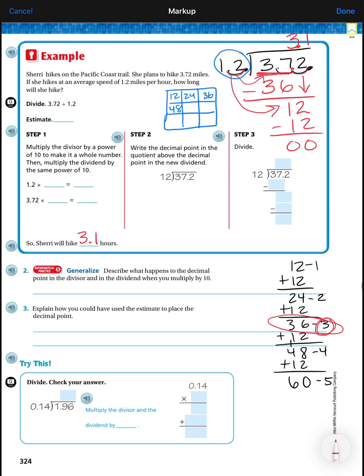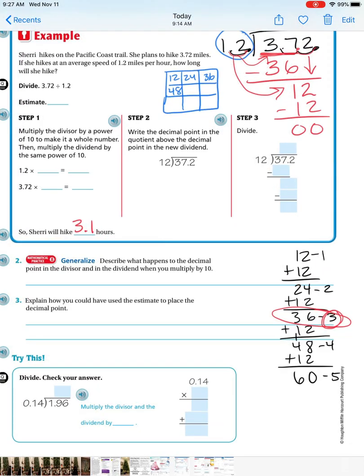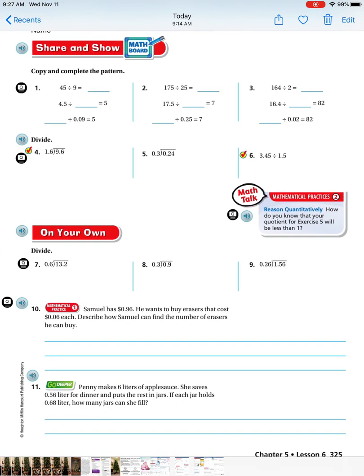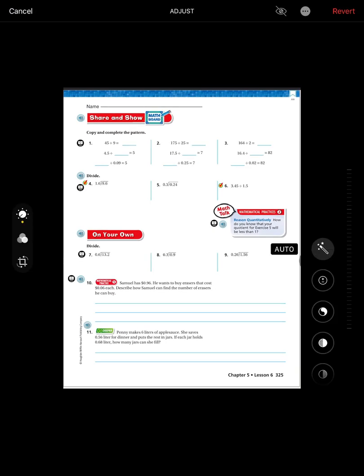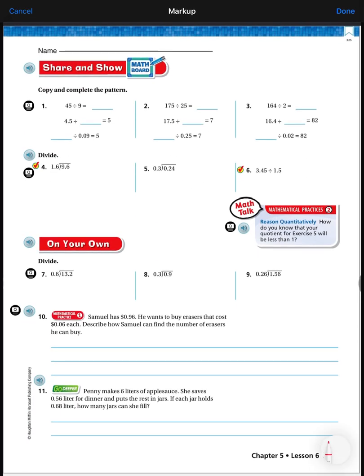Let's see. I'm thinking what I want to try. I want to go to page number 325, which is the Share and Show page. Page 325 looks like this. Okay, there we go. On page 325, they're having you complete a couple patterns.